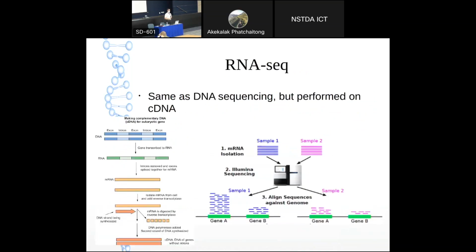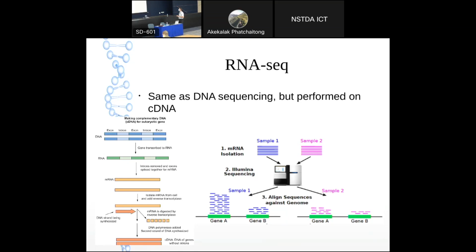Okay, so next is RNA-seq. So RNA-seq is basically the same as DNA sequencing, but it's performed on cDNA. So cDNA stands for complementary DNA. So if we start at DNA, we have exons and introns. This gets transcribed to RNA, and the introns are excised out to produce the messenger RNA.